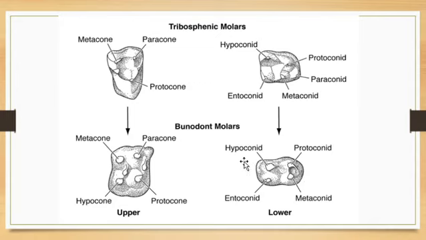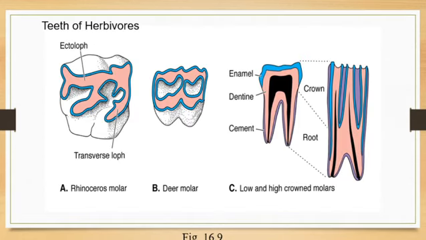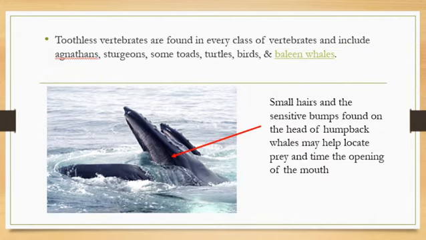We have the hypoconid, protoconid, metaconid, and entoconid. So this is the rhinoceros molar. This is the molar of the deer. This is for the humans, which has a crown. And we also have the plates.